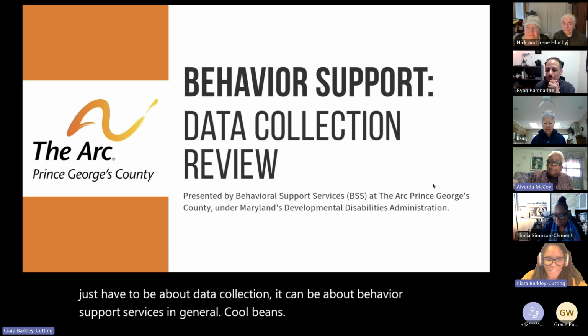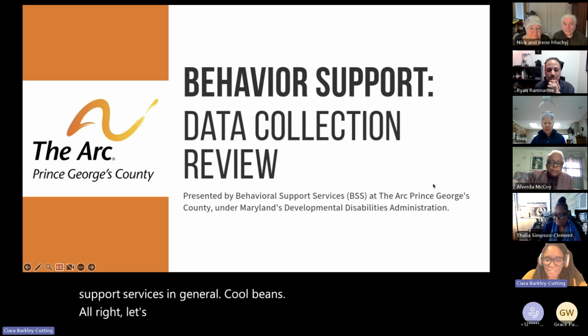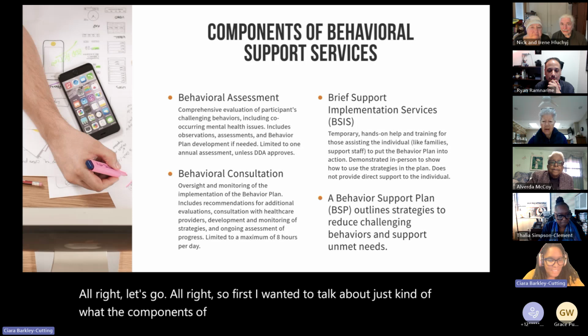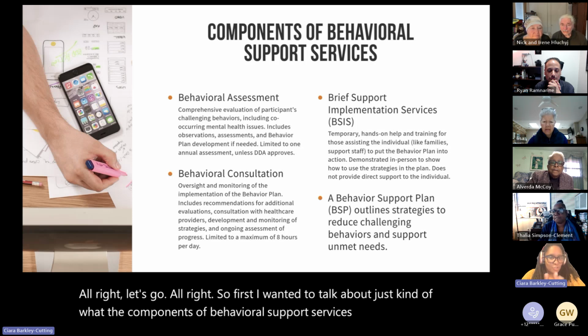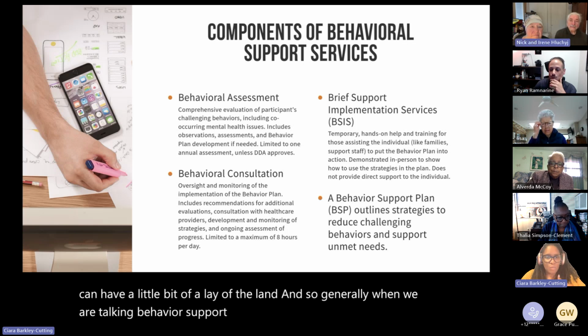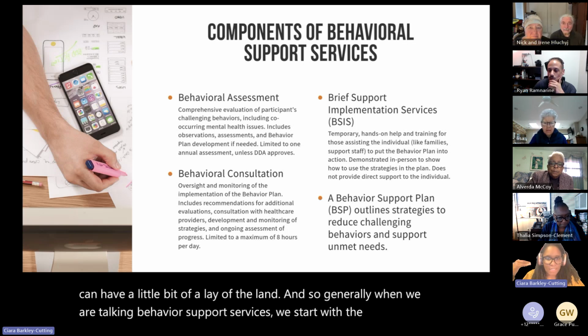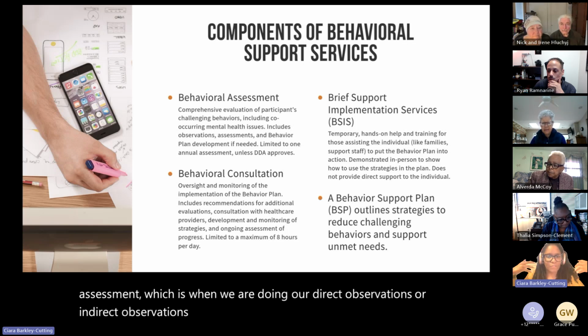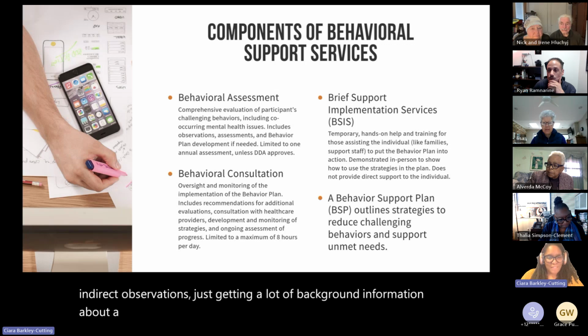All right, let's go. First I wanted to talk about what the components of behavioral support services are, just so we can have a little bit of a lay of the land. Generally, we start with the behavioral assessment, which is when we are doing our direct or indirect observations, getting a lot of background information about a person, understanding their likes, dislikes, what have you.